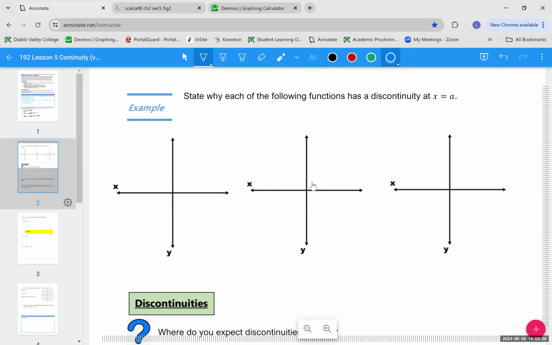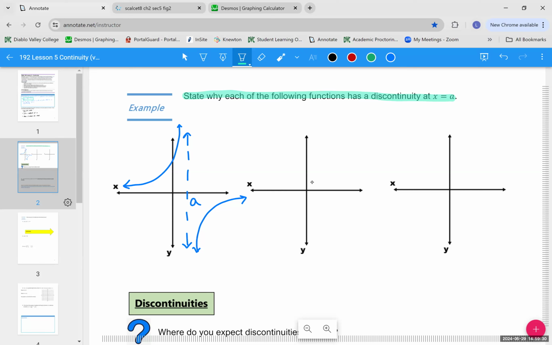So I'm going to start with a graph of a rational function. We'll call this a, and we'll maybe look at something like a hyperbola. Now, it says in the directions here, state why each of the following functions has a discontinuity at x equals a.